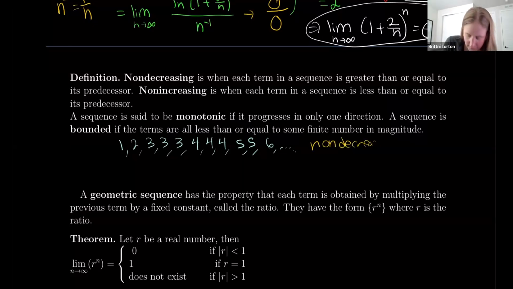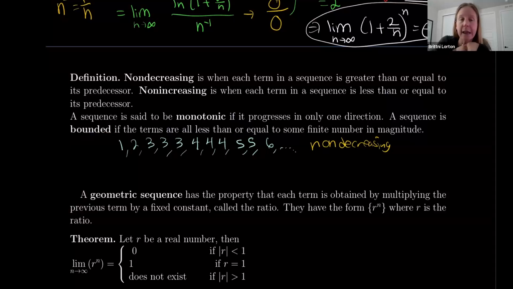And then the other vocabulary term there is monotonic. Think of monotone, real boring. Monotonic means it's not going up and down and up and down and having fun. It's just only going up or only going down. And then bounded: a sequence is bounded if all of the terms are less than or equal to some finite number in magnitude.